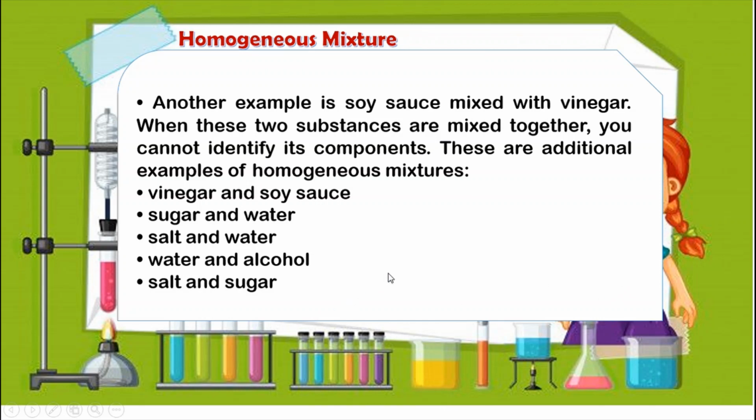Vinegar and soy sauce, if we are going to mix it together, sugar and water, salt and water, water and alcohol, salt and sugar. So, pag i-combine nato ni sila, dili na nato sila makita kung asa na diha ang substance sa salt, substance sa sugar.